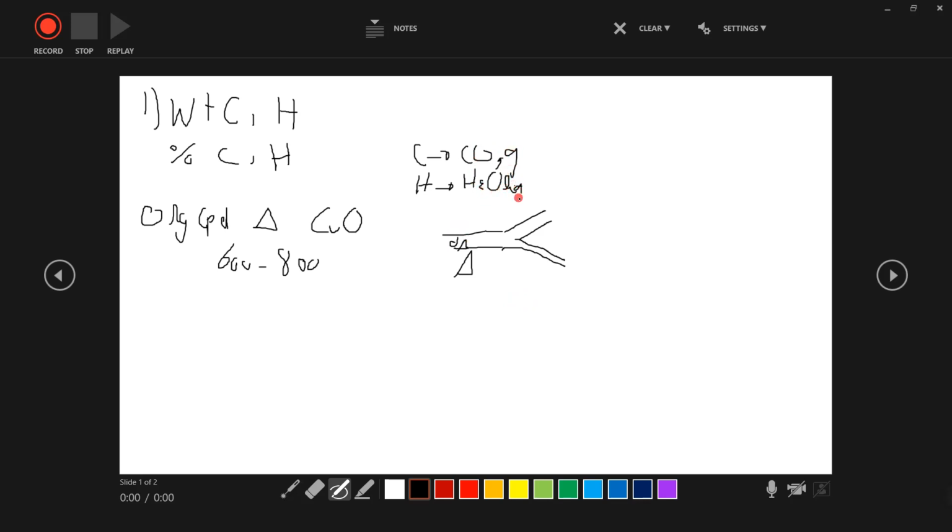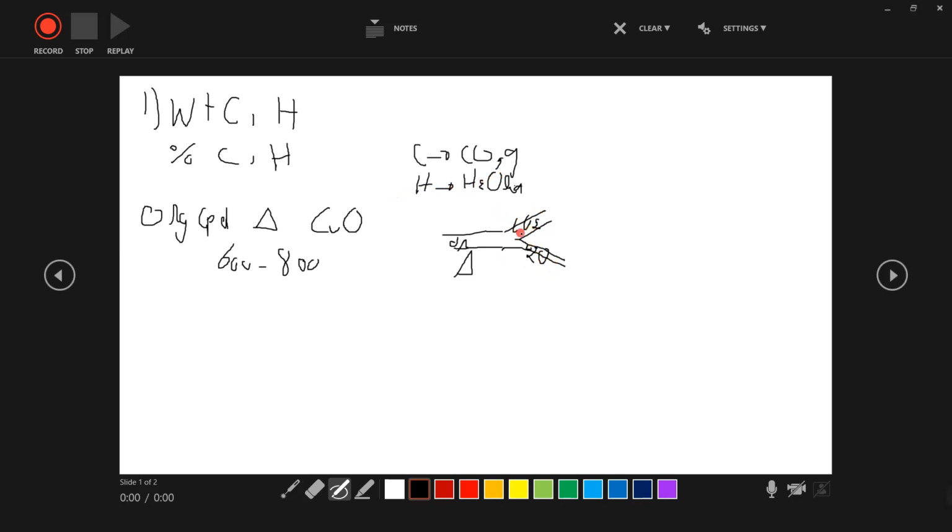So by the action of gravity, water will get down here. Okay, here we will have the water, and up here, because it is a gas, it will get up, we will have the carbon dioxide. Okay, so all the carbon is converted to carbon dioxide in the upper part here, all the hydrogen is converted to water in the lower part here.